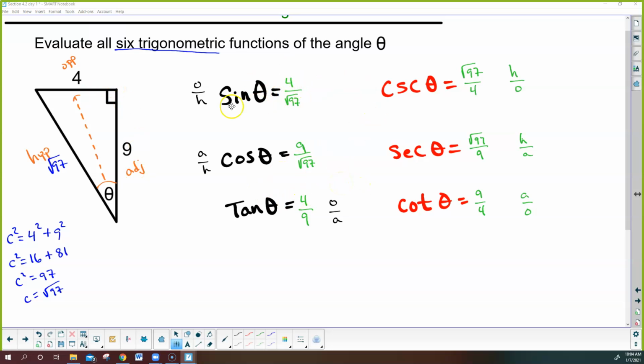We have everything set. We just have to reduce this fraction. And when we reduce the fraction, the square root of 97 has to be changed. So the only way to undo the square root is to multiply by the square root of 97 in the denominator.